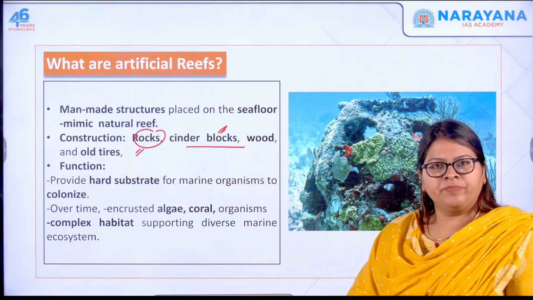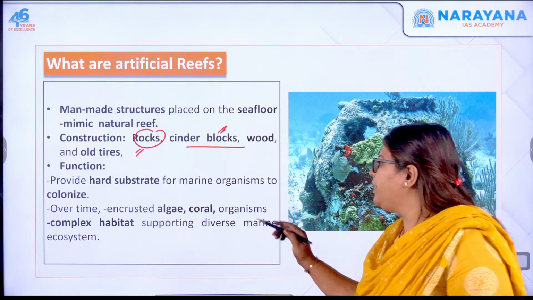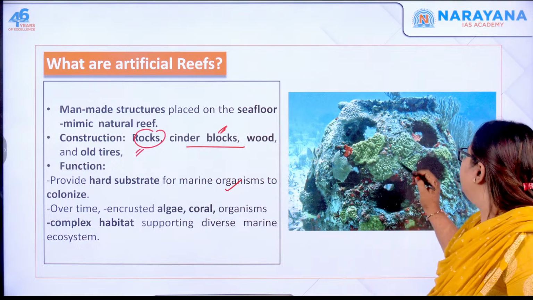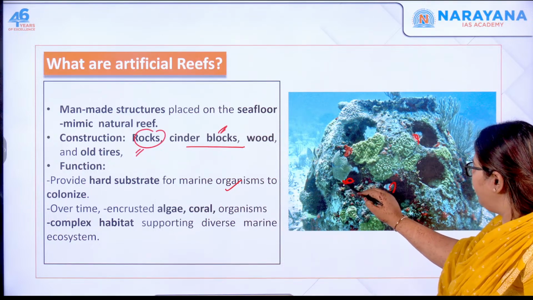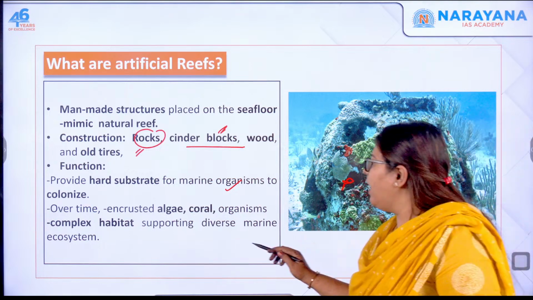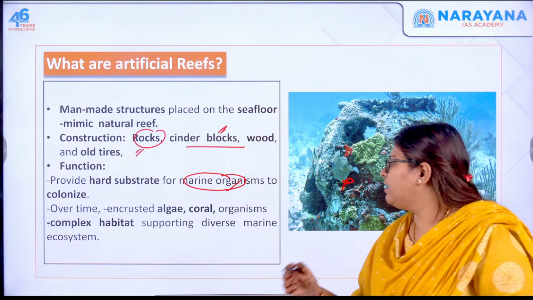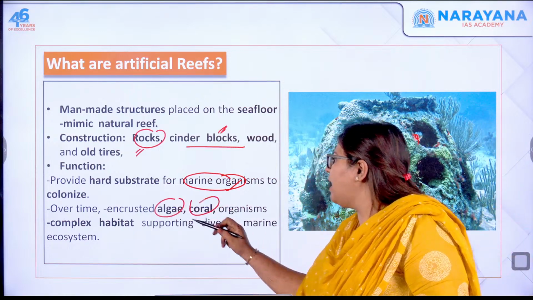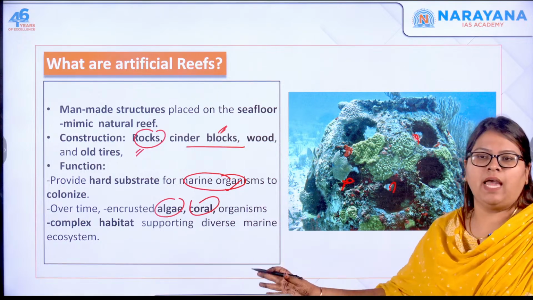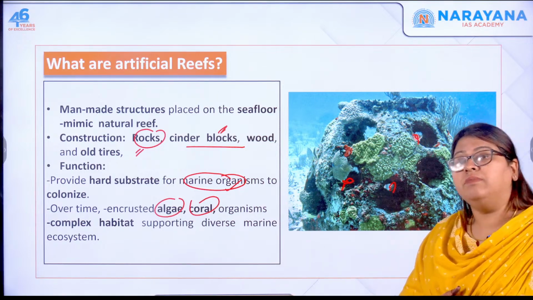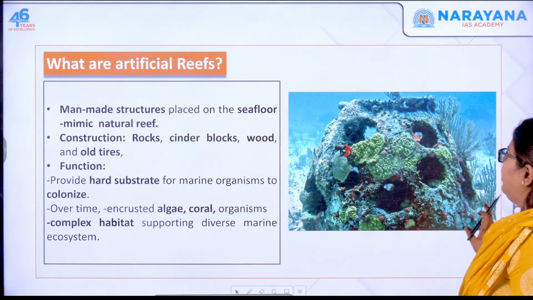The function is to provide a hard substrate for marine organisms to colonize. See here, you can see small fish inhabiting this region, right? Over time it is encrusted with algae, corals and other organisms, so that it finally becomes a complex habitat supporting a diverse marine ecosystem. So, this is what artificial reefs are.